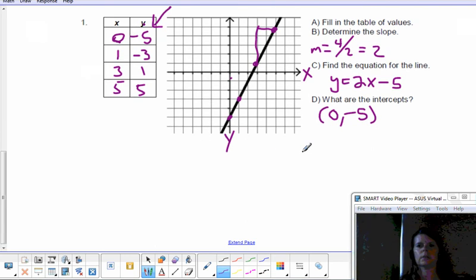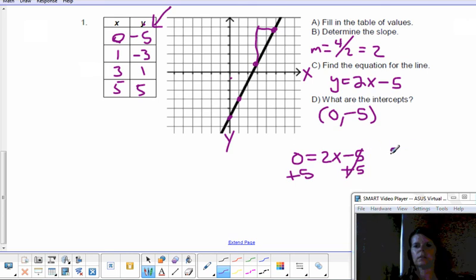Okay, so here's our y, so let's plug in 0 for y and solve for x. Okay, so now we add 5 to both sides. And we get 5 equals 2x. Divide both sides by 2.